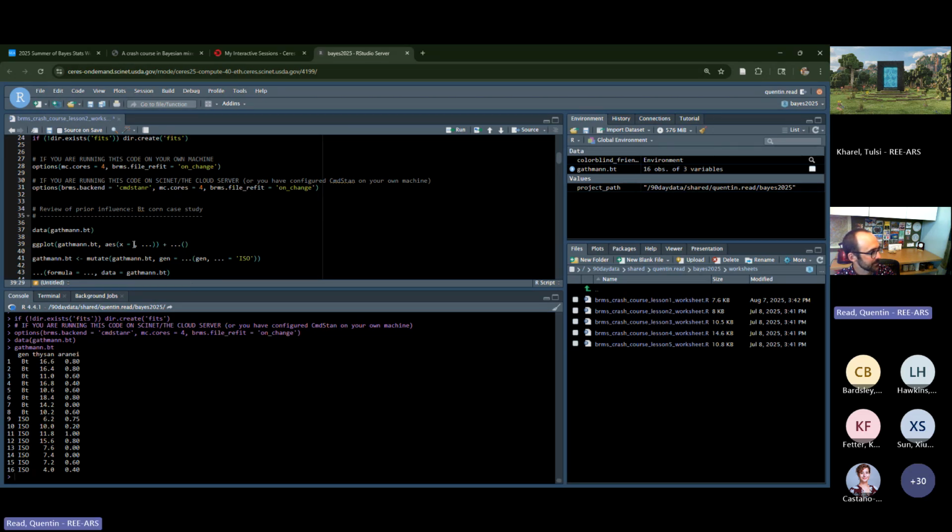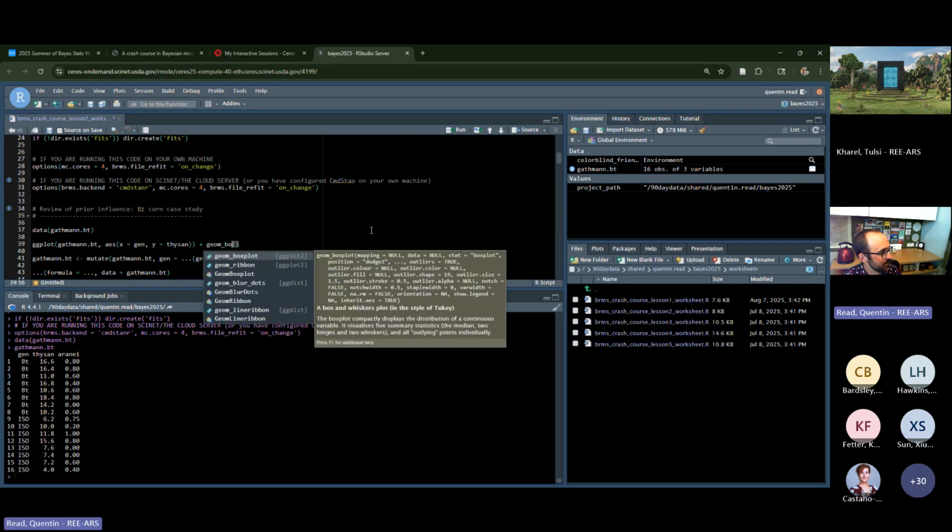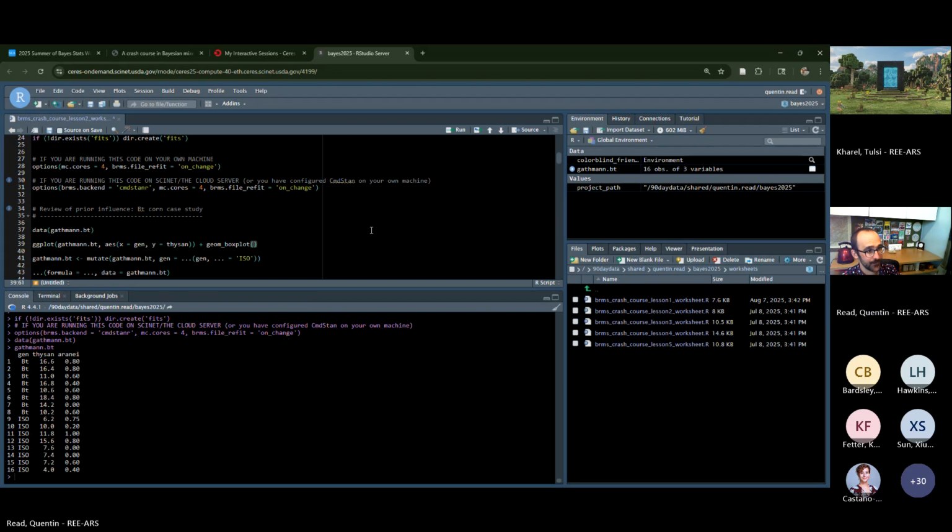The x variable is gen, for genotype, which is the name of the column in the data set, and the y is going to be this Thysan column. And then we're going to use the geom underscore boxplot function to make a box plot of each group. Hit Control Enter.